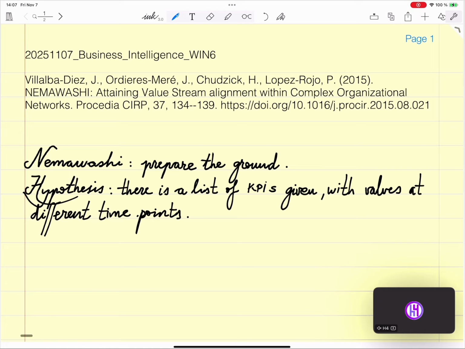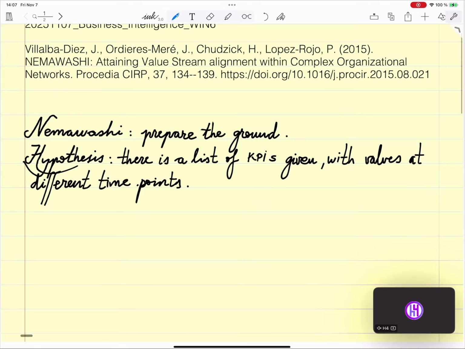Okay. So basically we have a list of KPIs. KPI sub E as a function of time. E is 1 to n. We are going to devise a method to understand and visualize this method.